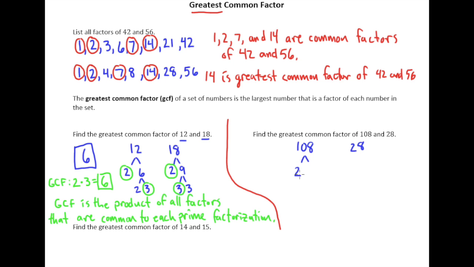And since 108 is even, I think 2 is a logical choice. And 108 divided by 2 is going to give you 54. And that's nice because 54 is a special product. So 54 is 6 times 9, and then you can break down each of those. And so there's our prime factorization of 108. 28 is a little easier. 4 times 7, and 4 breaks down into 2 times 2.